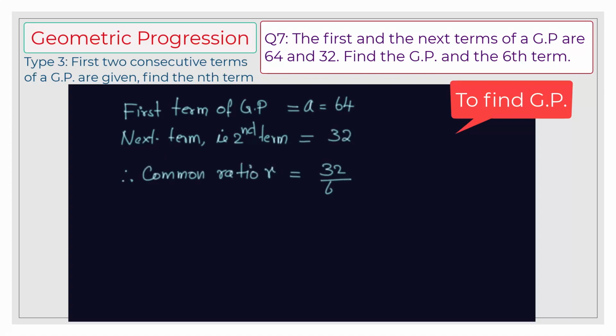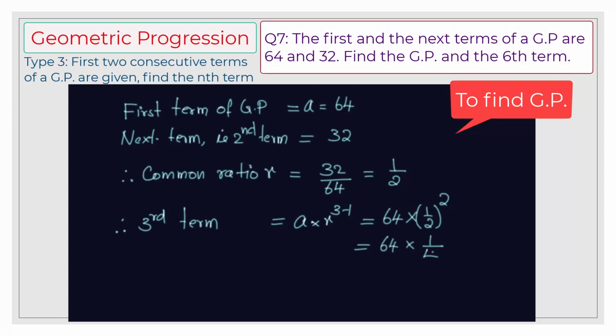As we need at least the first 3 terms to represent a GP, we find the third term using the nth term formula, and hence it is 64 times 1 by 2 raised to 3 minus 1, and that is equal to 16. Thus, the GP is 64, 32, 16, and so on.